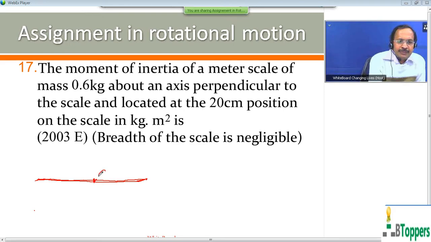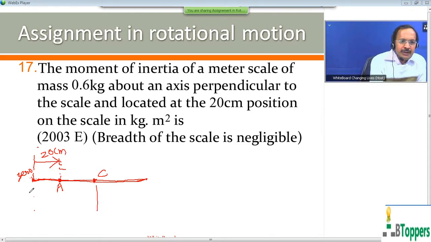Let's say the center of the scale coincides with the center of mass of the scale. Let A be the point on the scale at the 20 centimeter mark. This is the 0 of the scale; you start from the left hand. Suppose the point A is the 20 centimeter mark on the scale, that is 20 centimeter from the left hand.